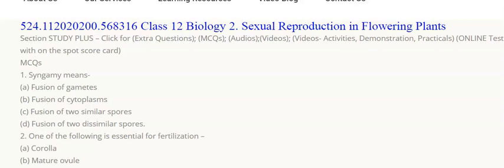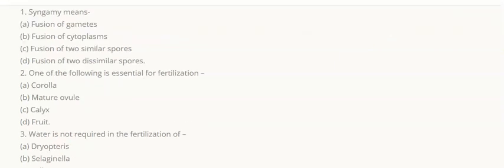Now question number 2 is, one of the following is essential for fertilization. So fertilization is where male and female gametes fuse. Now here the options are corolla, calyx. Corolla and calyx are non-essential parts of a flower. As you are aware, a flower has two parts, essential parts and non-essential parts.